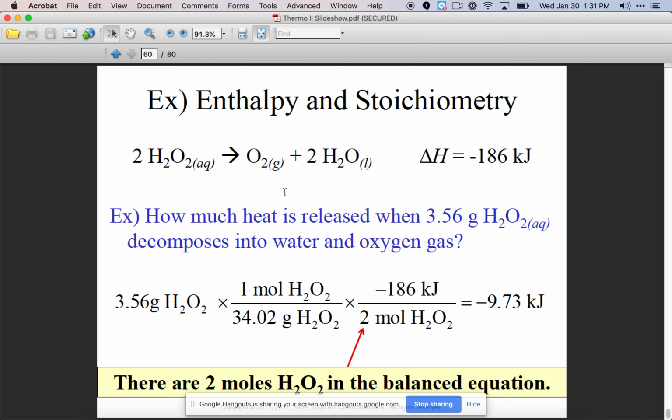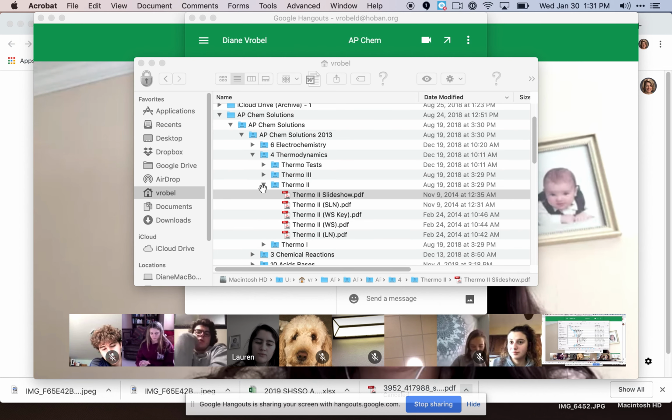Notice that there's a coefficient of 2 in front of hydrogen peroxide, so you're going to multiply the moles by the stoichiometric coefficient there. Does anybody have any questions on this one? No. We're okay with that one? Okay. That's it. All right, I'm moving into my last one, so thank you for being so patient.